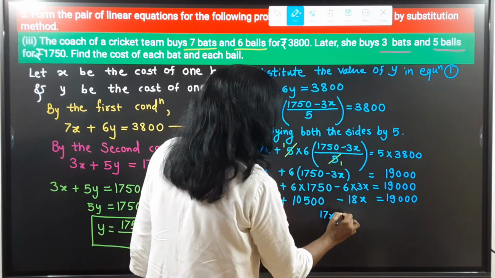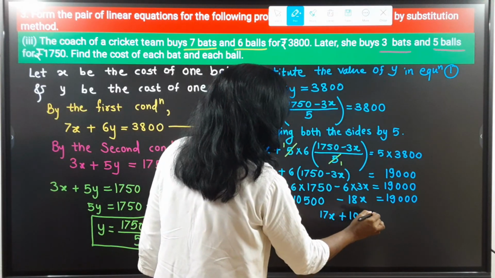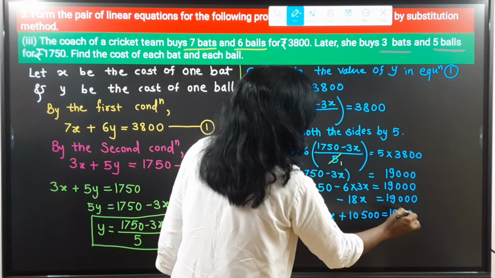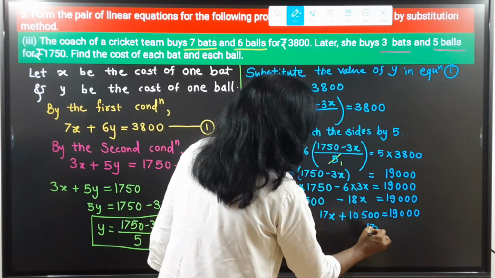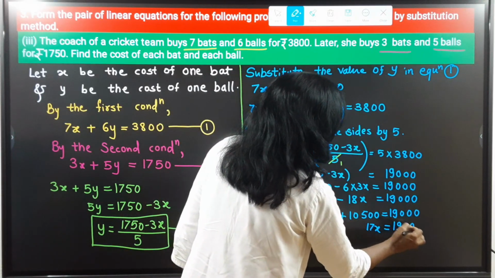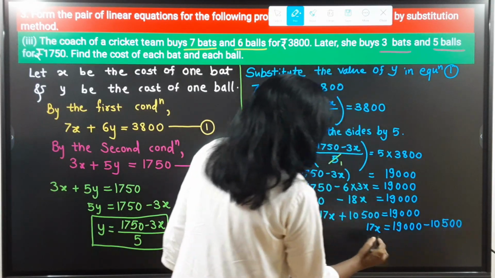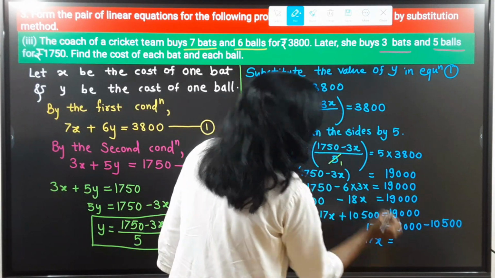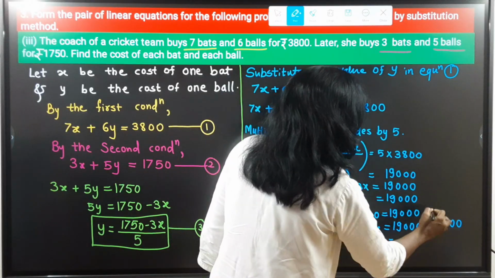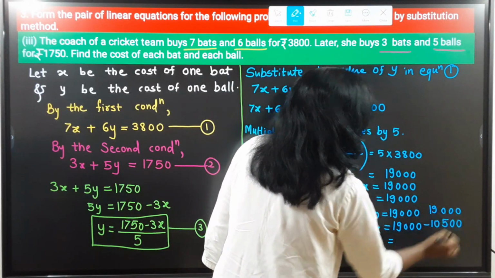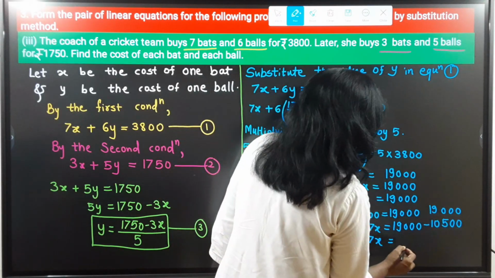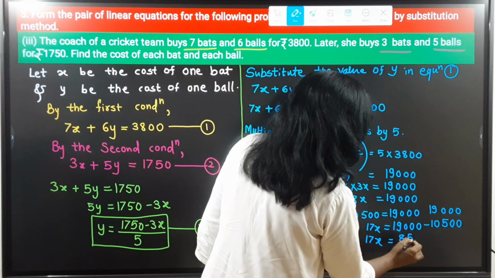So 17x plus 10,500 is equal to 19,000. Then 17x is equal to 19,000 minus 10,500, and that means 17x is equal to 8,500.